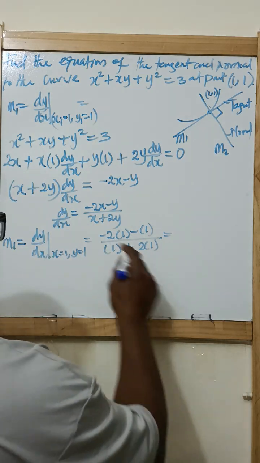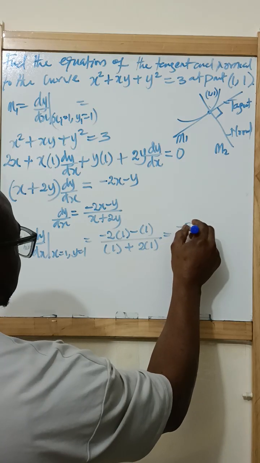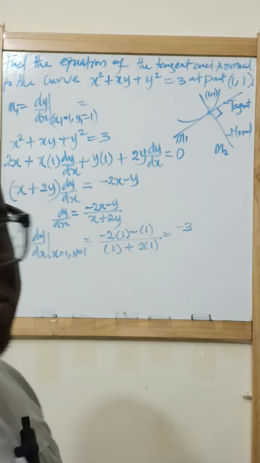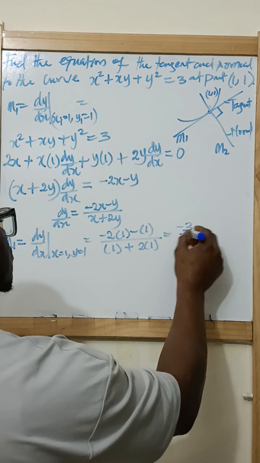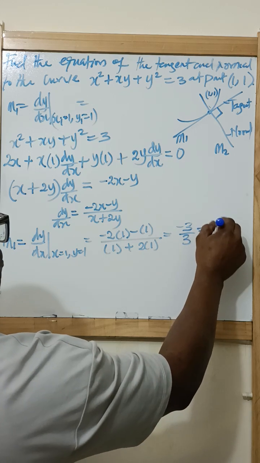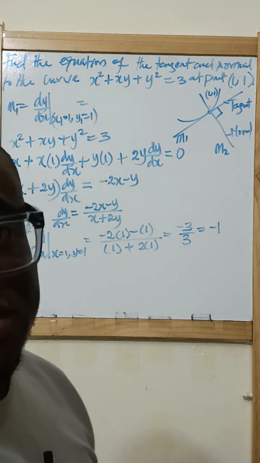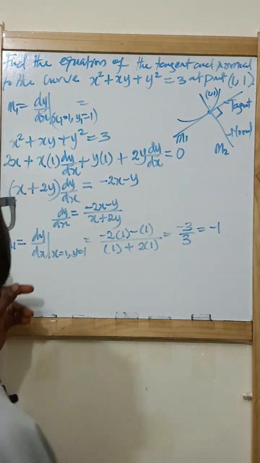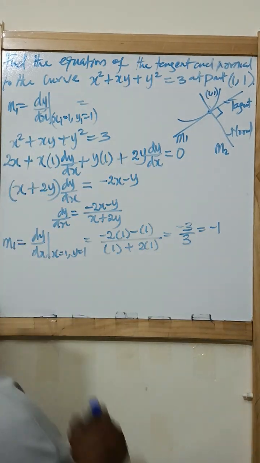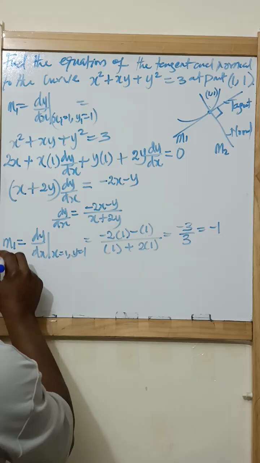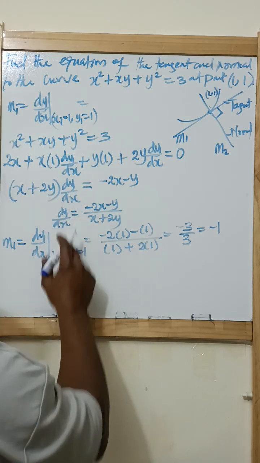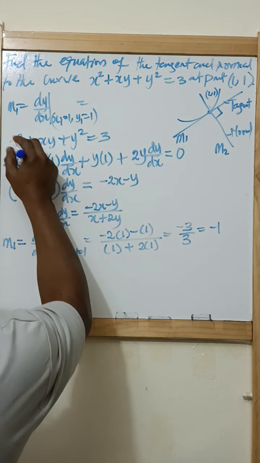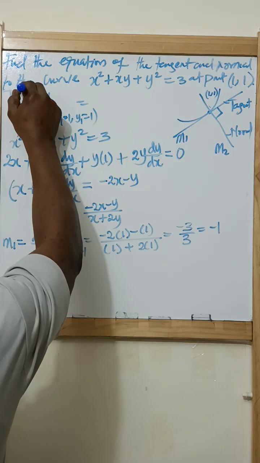So this is going to be minus 2 minus 1, minus 3. Then 1 plus 2, that's 3, right? So that will be minus 1. So we've gotten the gradient of the tangent, right? So we just write it there for the tangent.